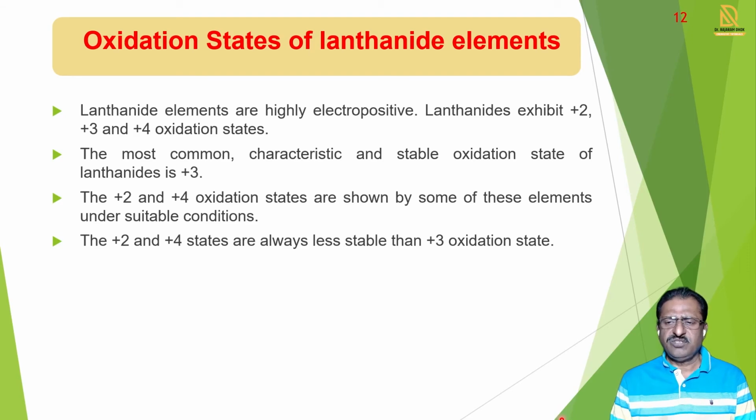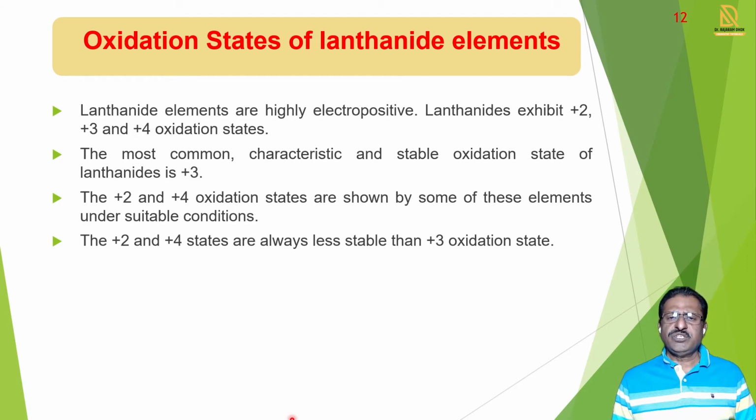But along with +3, some elements show +2 and +4 oxidation states, and these are only observed in certain elements with certain electronic configurations. These +2 and +4 states are always less stable than the +3 oxidation state. But in some examples, such oxidation states are observed.